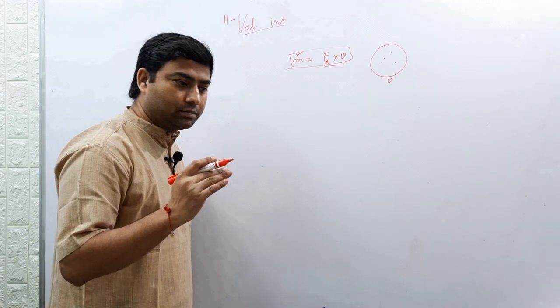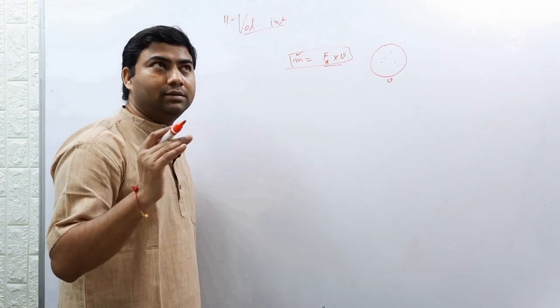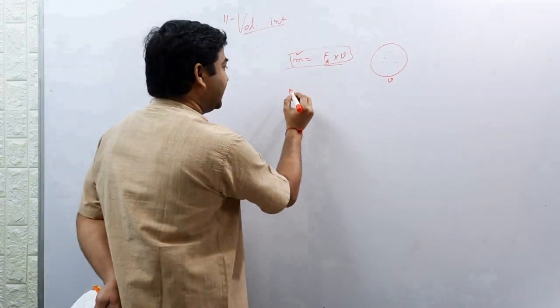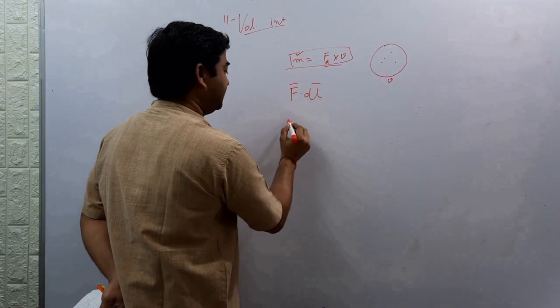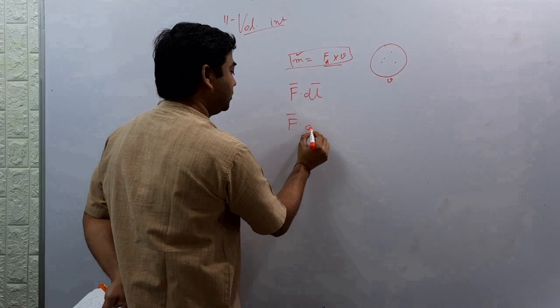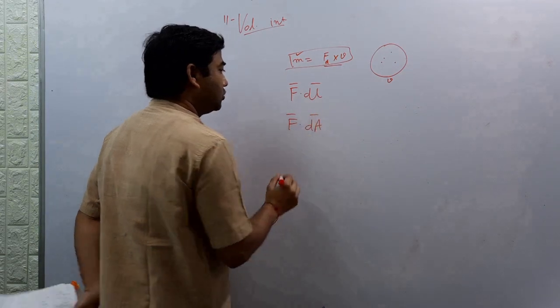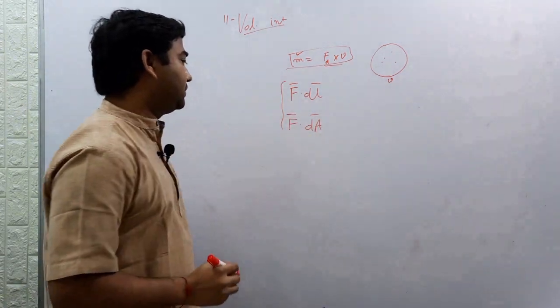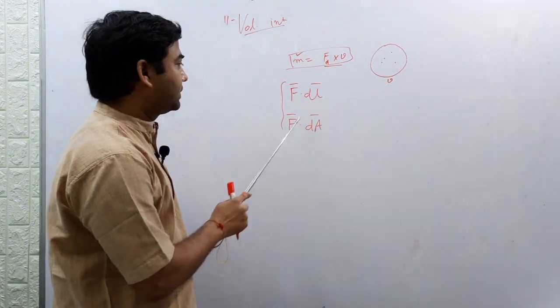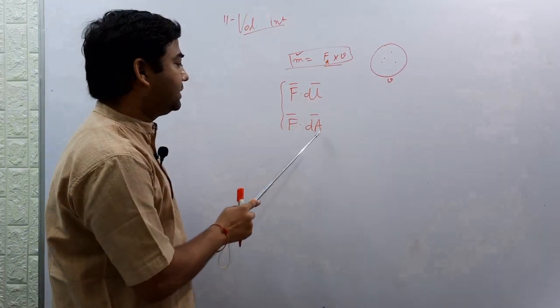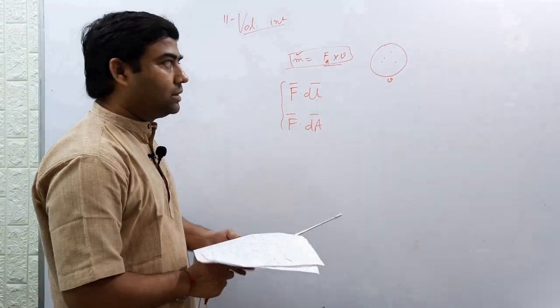Unlike line and surface integration, where in line integration you have vector field dot dl, and in surface integration you have vector field dot dA, these two operations are carried out with the vector field along the displacement vector and area vector.